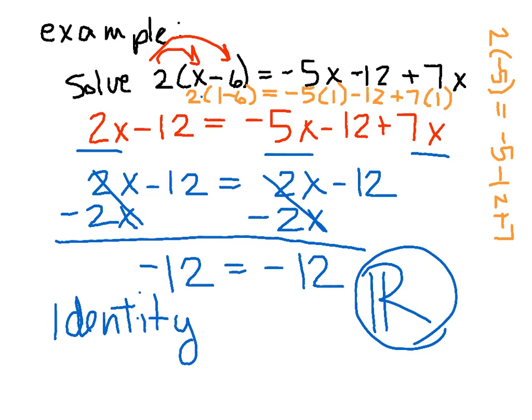All right, 2 times negative 5 is negative 10. Negative 5 minus 12 plus 7. Let's see. That is negative 10. So I just plugged in x equals 1 and I get another identity. If I plugged in x equals 2, I get another identity. X equals 0. It doesn't matter what I plug in for x. I get all real numbers as an answer.